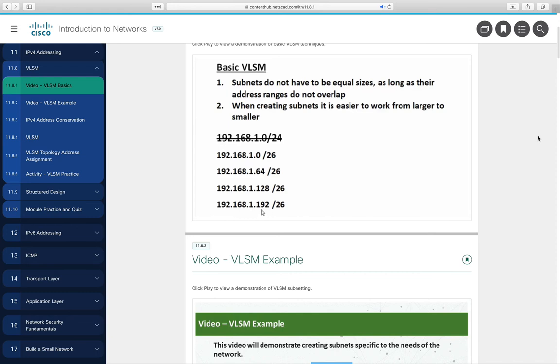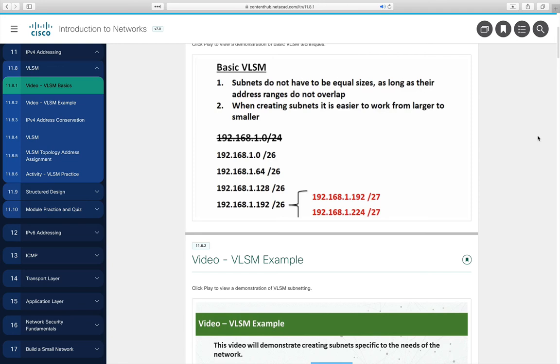The address range for this subnet goes from 192 all the way up to 255. What I can do is say, instead of having this subnet /26, what if I take that address space and divide it into 2 smaller subnets size /27 each?